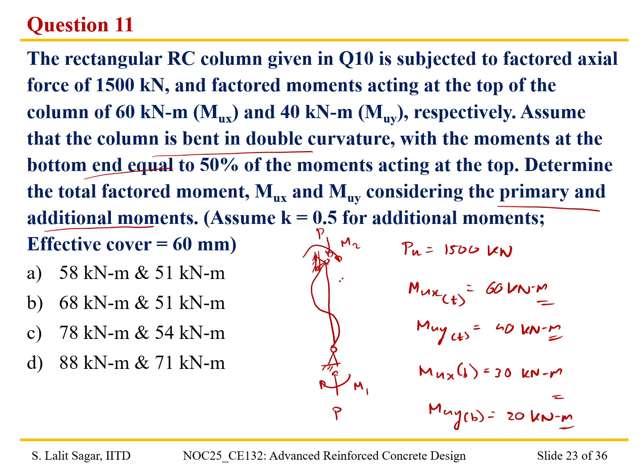It is given that k is the correction factor for the secondary or additional moment, and the effective cover may be taken as 60 mm, and the dimensions are 400 by 500 millimeter.